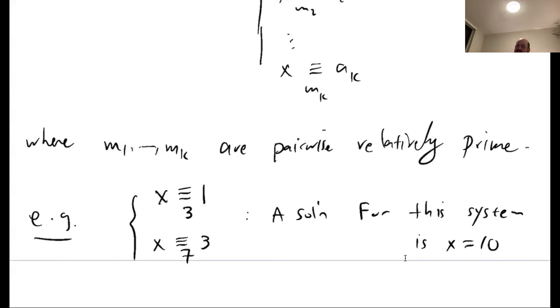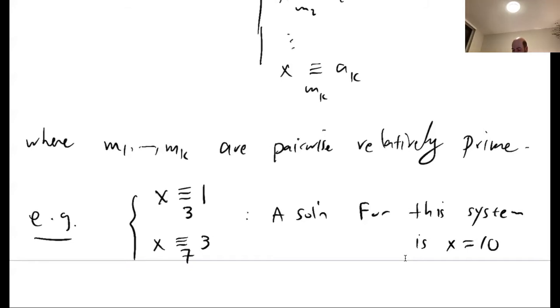In other words, you're looking for a number that when you divide it by 3 gives remainder 1, and when you divide it by 7 gives remainder 3. By inspection, we can see that x equals 10 is one of those numbers.